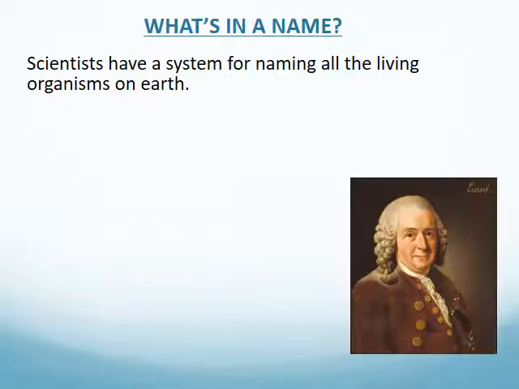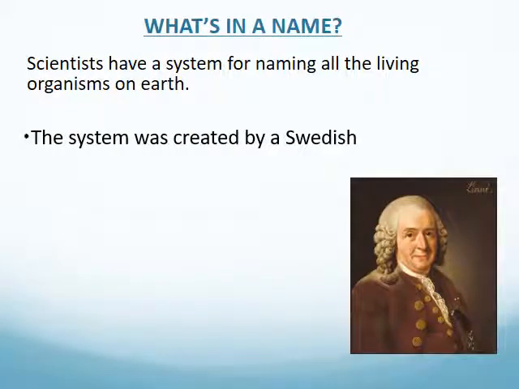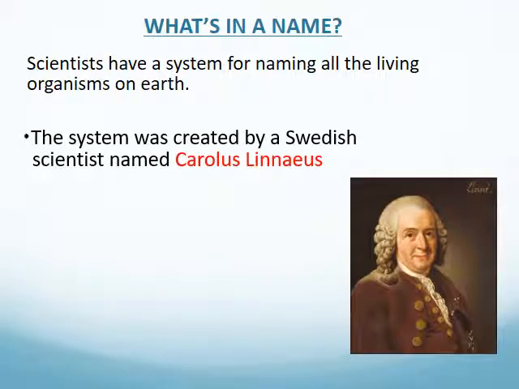So let's talk about what exactly is in an organism's name and how they do that. Scientists have a system for naming all the living things on Earth. And the system was created by a Swedish man named Carolus Linnaeus.